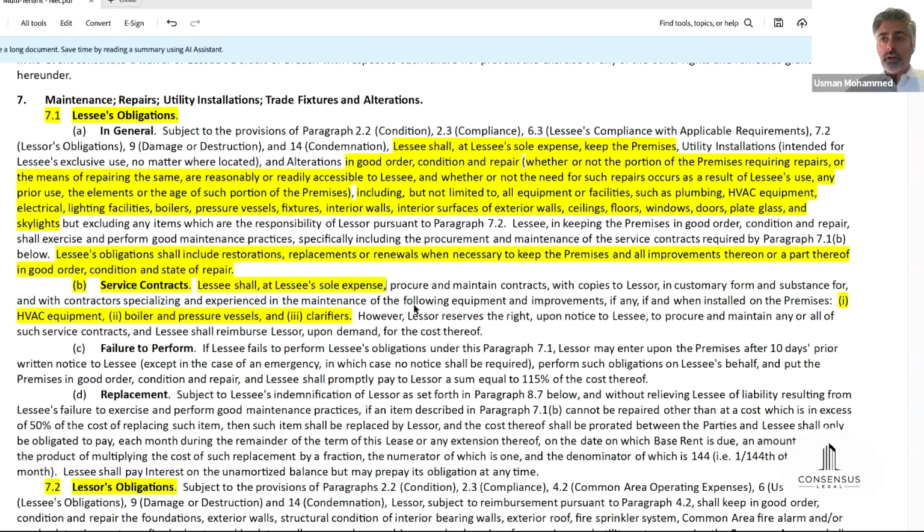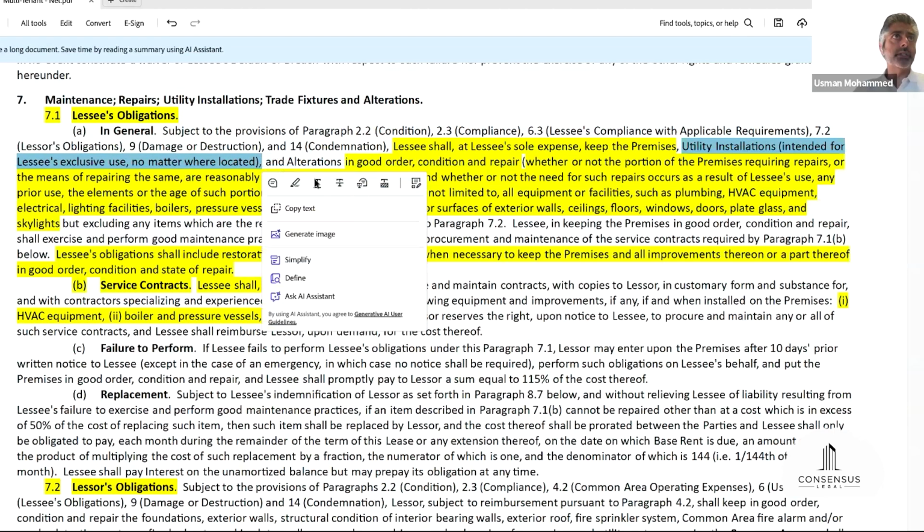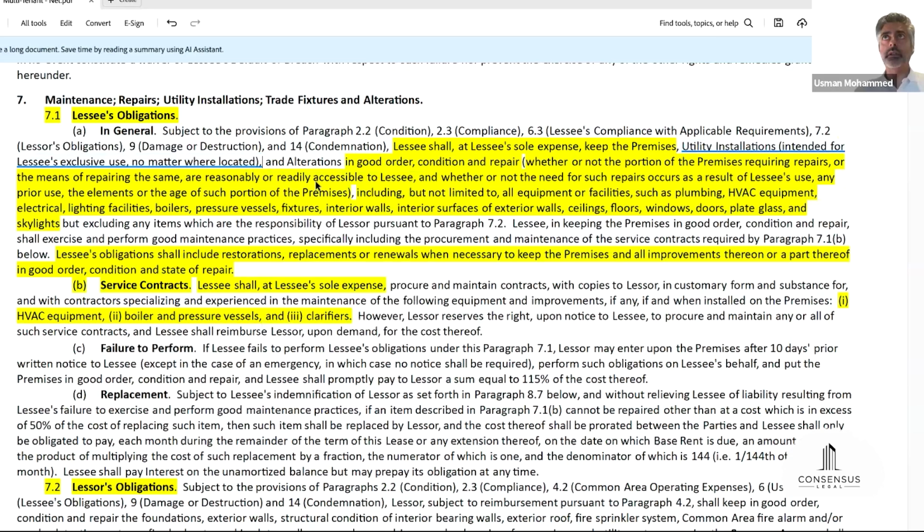But I noted earlier that there are deviations from this general rule, in particular, one deviation. And that deviation is up here in 7.1a. And when I say deviation, as a reminder, I'm talking about a scenario where lessee is responsible to maintain areas outside of the premises.